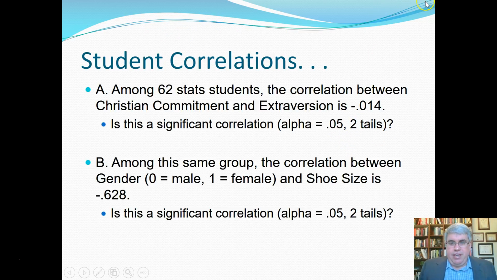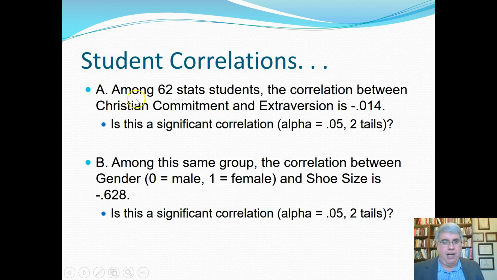Here are some more student correlations that I've collected. In this one, it says among 62 stat students, the correlation between Christian commitment and extraversion is minus 0.014. I teach at Azusa Pacific, and we're a Christian university, and one of the things the school values is this personal commitment to Jesus Christ.